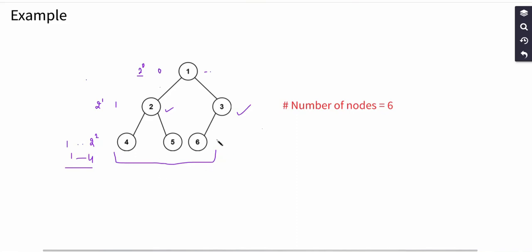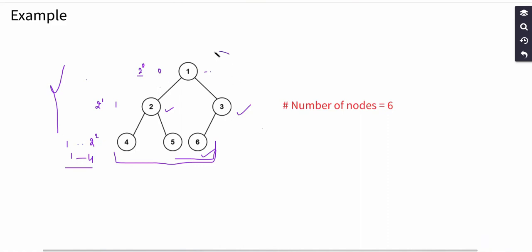All the nodes are placed as far left as possible because for node number 3 we have only one child, that is 6, and this child is the left child of node 3, and hence all the requirements of a complete binary tree are satisfied. Therefore this is a complete binary tree.